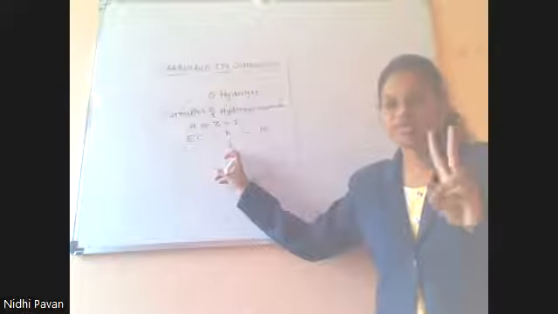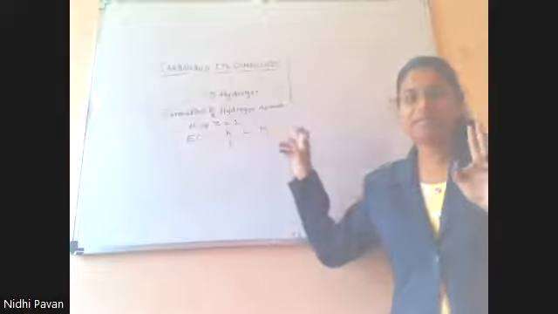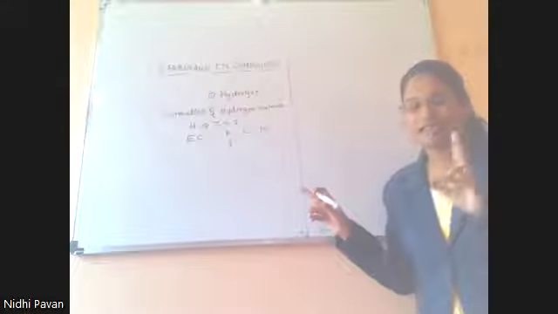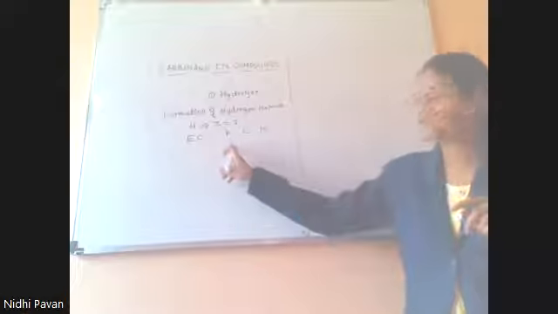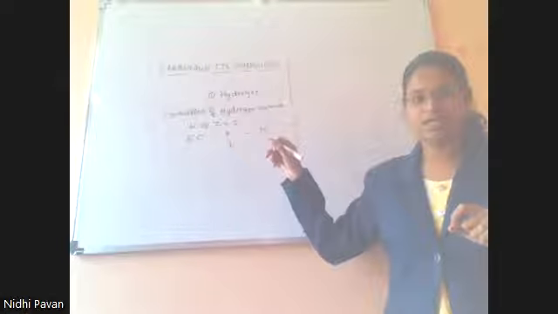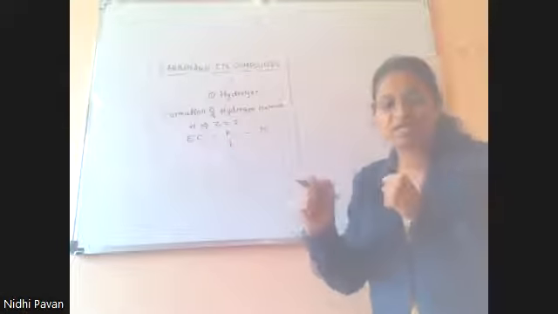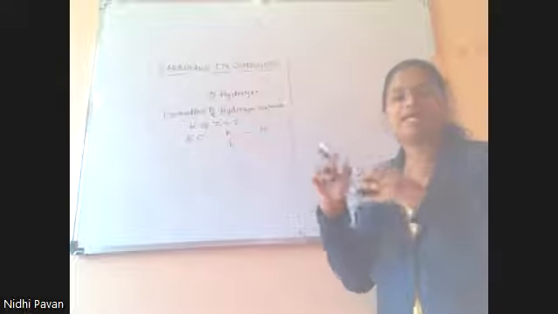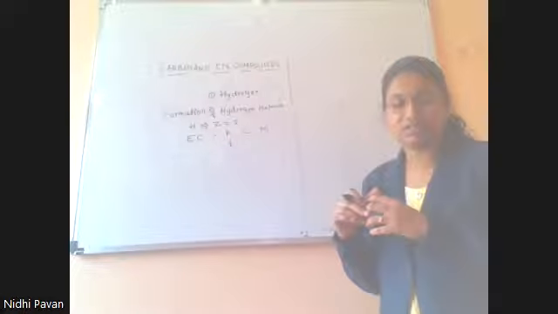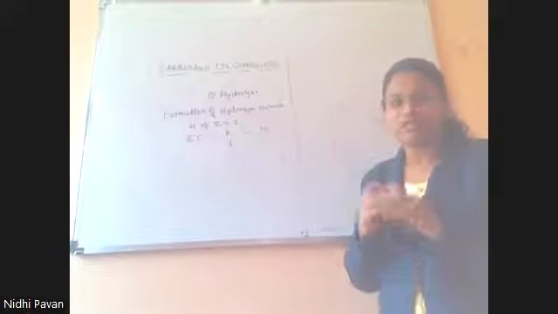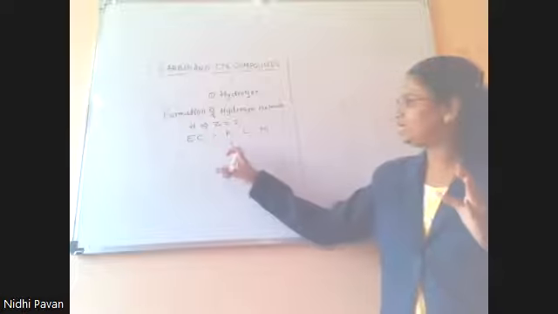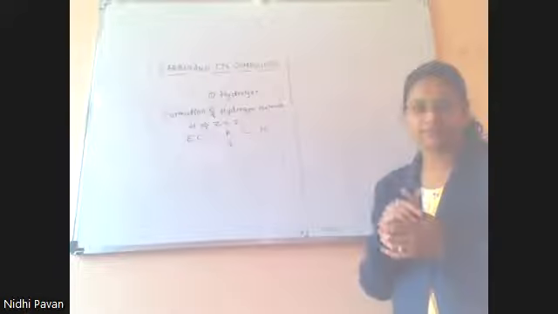The atomic number of helium is 2, right? It has a completely filled outer valence shell. The K shell is completely filled for helium. So hydrogen will try to attain that helium configuration, and to attain it, it needs one more electron.